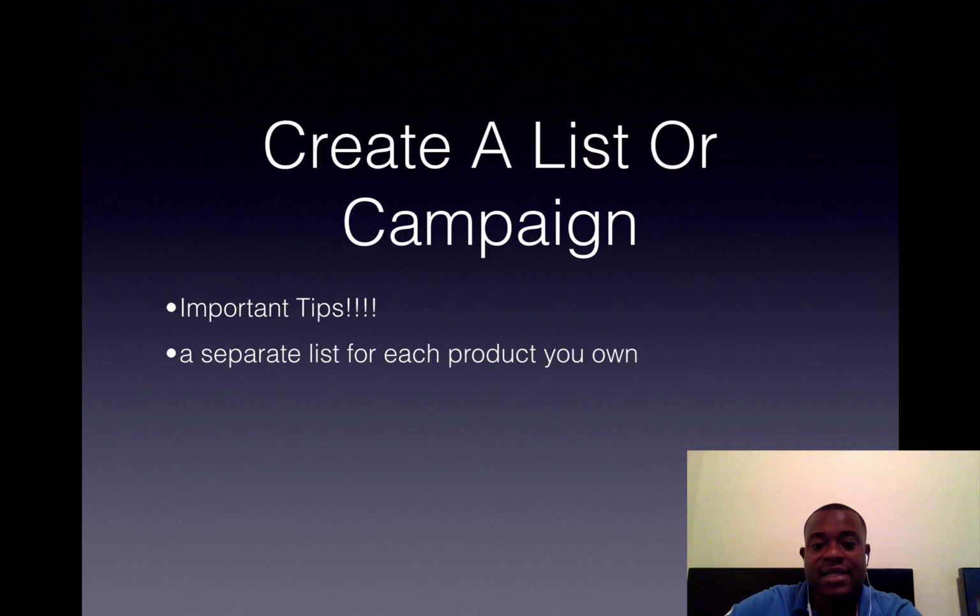You don't want to mix your lists, because as simple as this sounds, you'll be surprised to see a lot of people just put everything in the same list, and then they have people screaming at them and sending negative comments. You don't want to be sending a message, let's say somebody subscribed to your list because they want to find out about dating, and then you're sending them information about growing giant tomatoes.